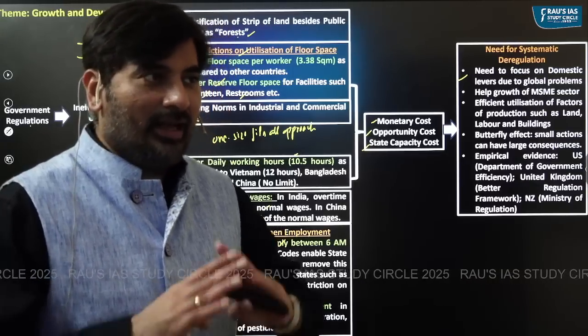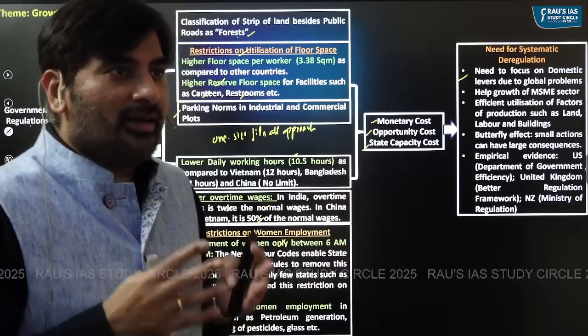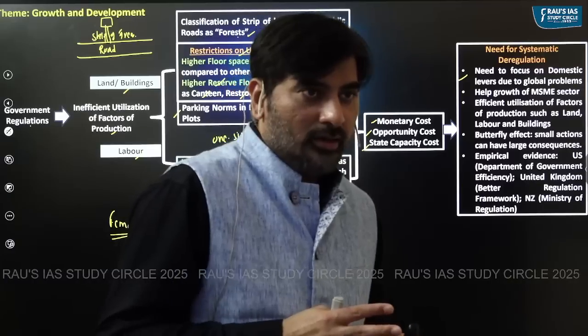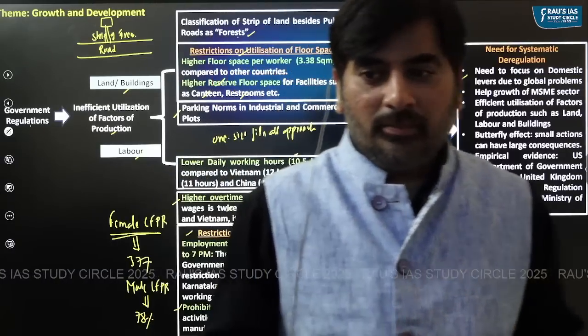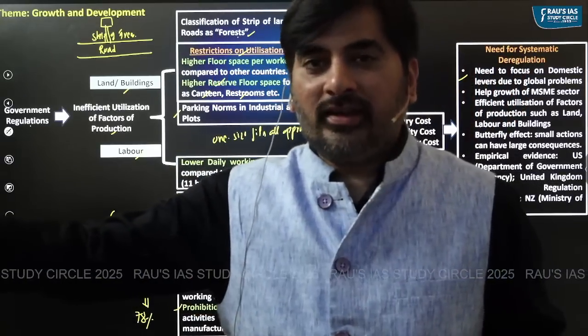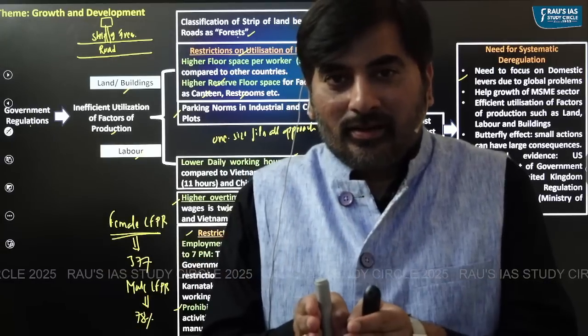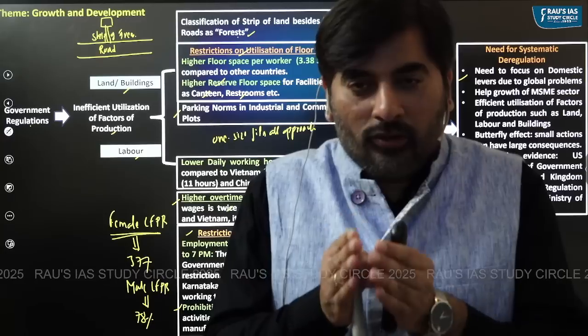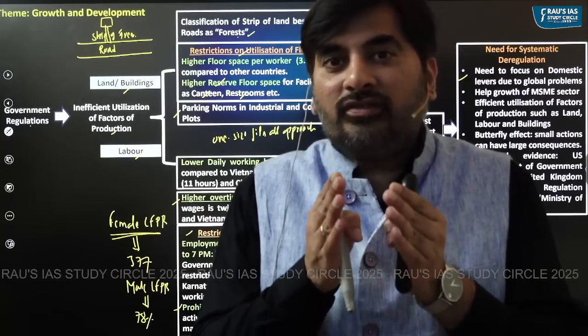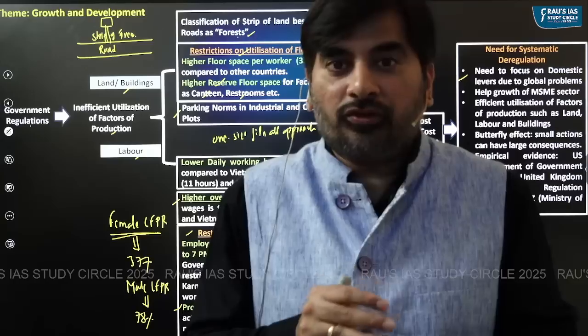It is being said that if you go for systematic deregulation, it does not mean that you are doing away with all the rules and regulations. No, it's about having the right balance. Have only those rules and regulations which are utmost necessary, which can be enforced.